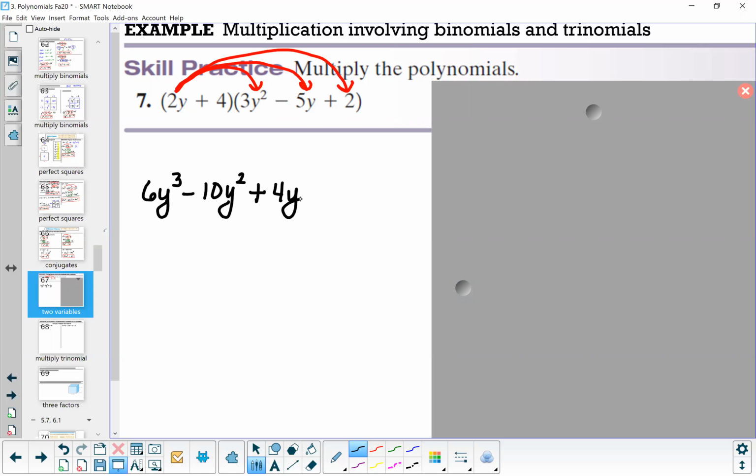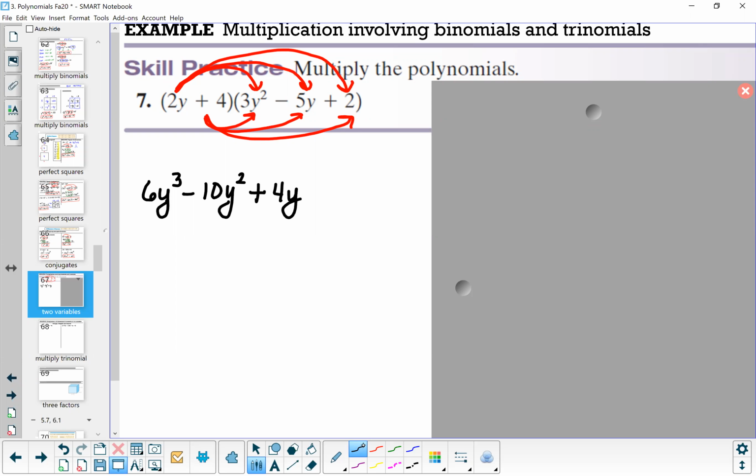Okay, now what about the next portion? We have the positive 4 being distributed to the 3y squared minus 5y plus 2. I'm going to be clever again, and I'm going to write my terms underneath.